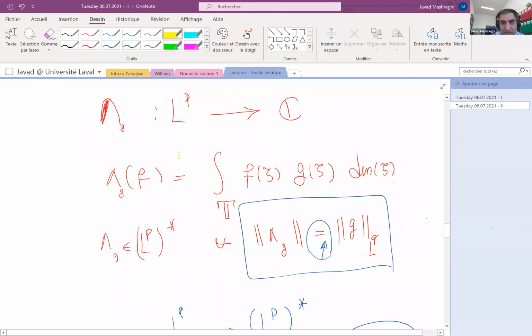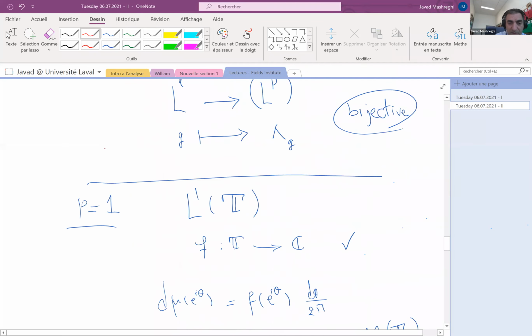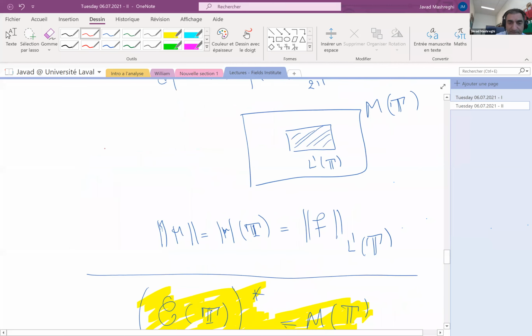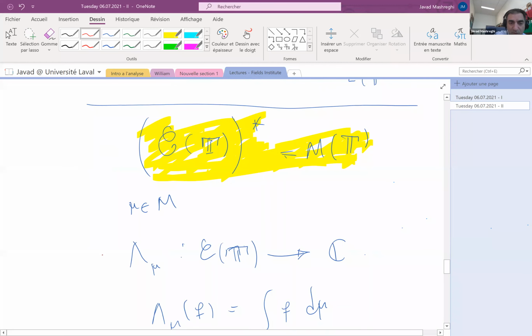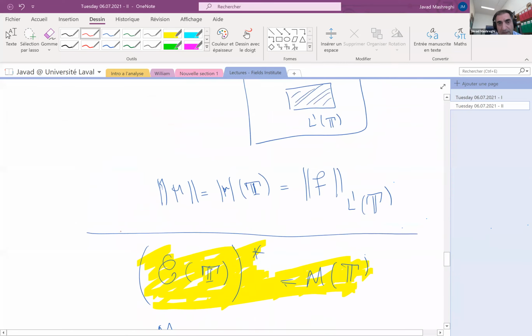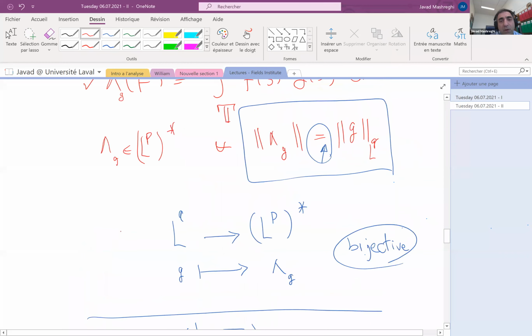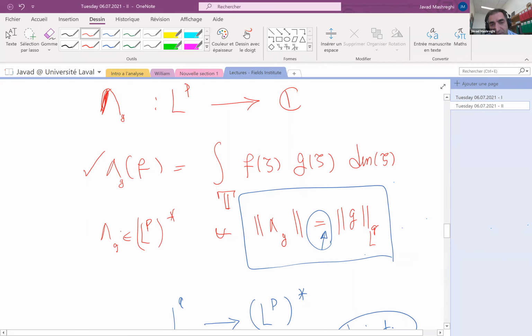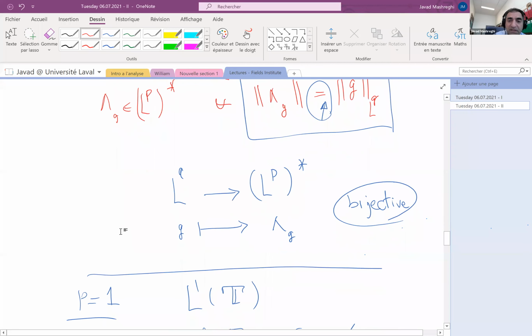To finish in the last remaining 5 minutes, I would like to make a comment about this representation, this way of defining lambda g, and even this one for lambda mu. This is not the only method that we can make this pairing.